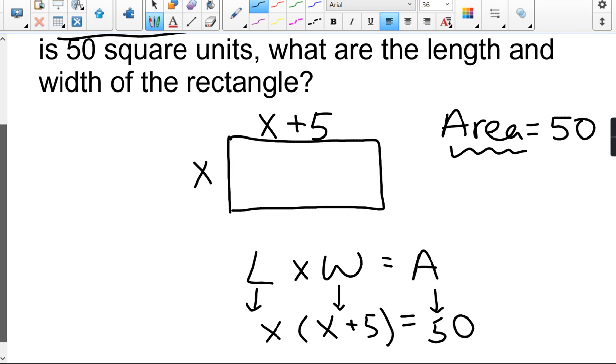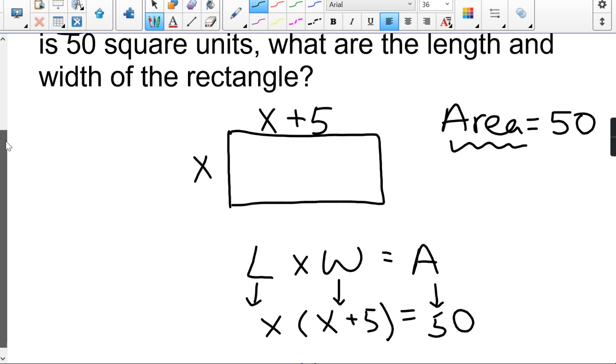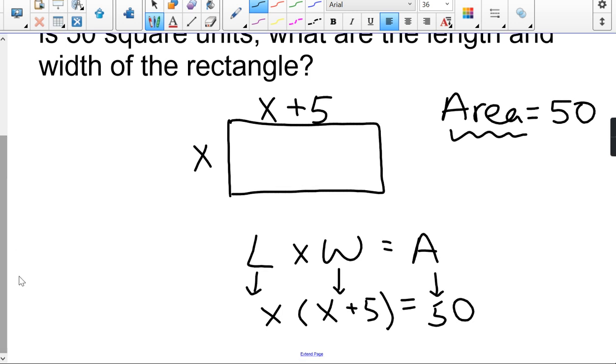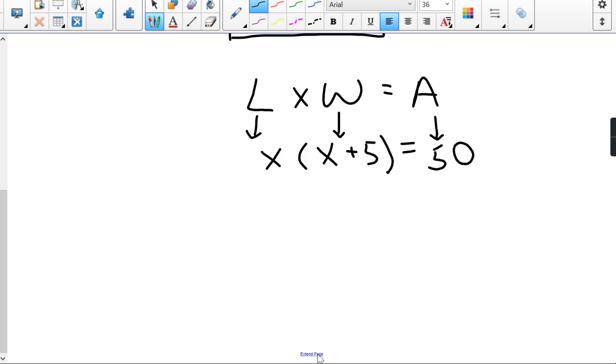So here is your equation, and for tomorrow's quiz I will not have you solve, I will just have you identify the correct equation. If you wanted to solve, let me just show you that part. That does come up sometimes, it just happens to not come up on your quiz tomorrow. We would simplify this equation, so we would distribute: x times x plus 5 is x squared plus 5x.